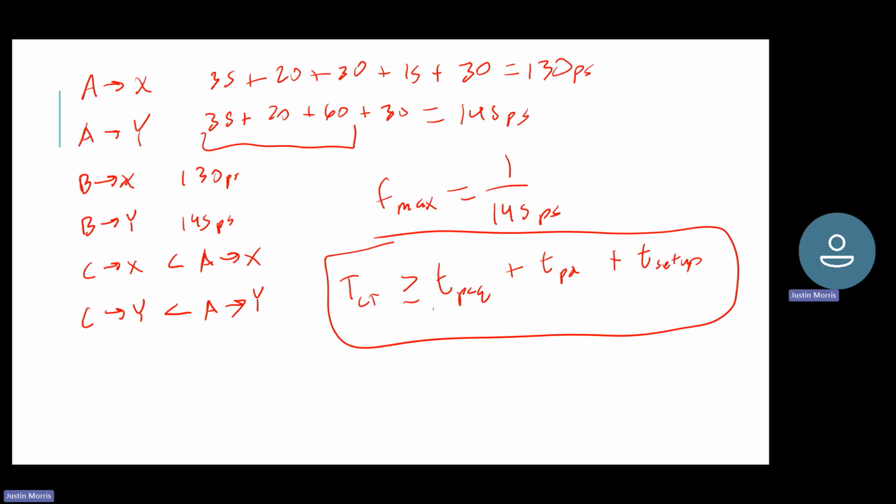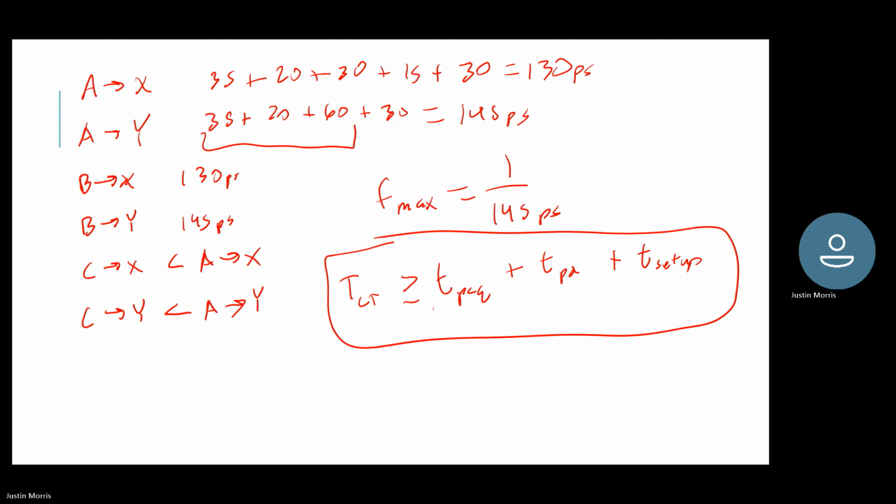Here, I added T setup as 30. Because I can find propagation delay on its own, or I can add this and this and then find the maximum. It's the same thing. So it's the propagation delay through the flip flop and then the propagation delay through the gates and then the setup of the other flip flop.